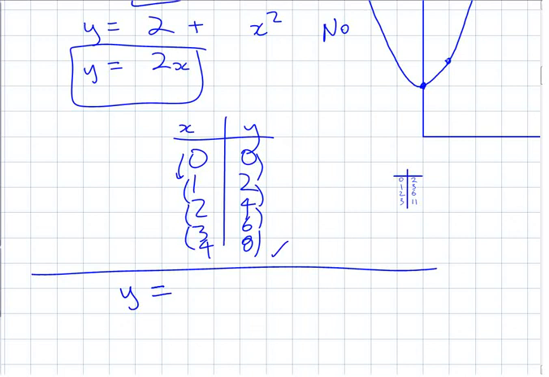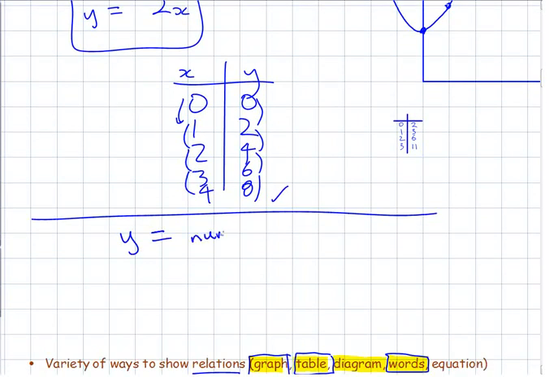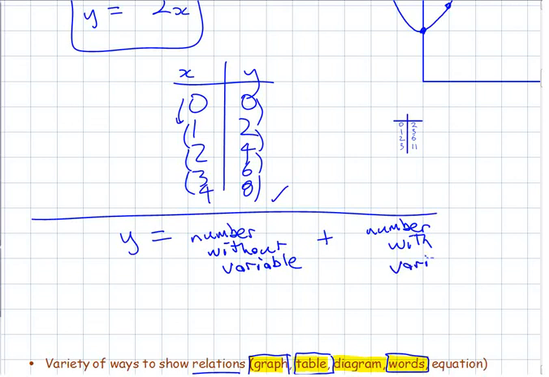Any linear function, if you're looking at an equation, if you have y equals, if you want to put it in grade 10 speak, you say number without variable plus number with variable, with no squareds or anything like that.